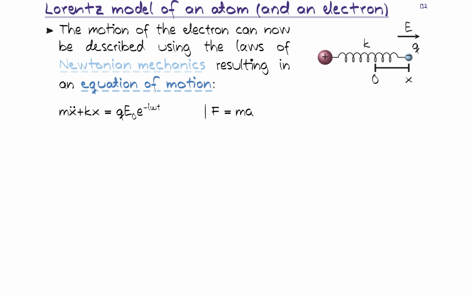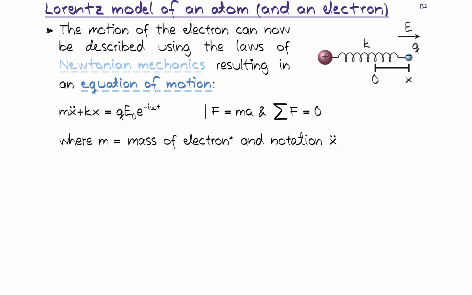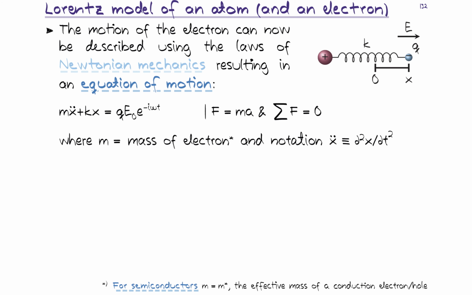We apply F equals ma, with the sum of forces being equal to the mass times acceleration, to write the equation of motion. Here, m is the mass of an electron, and the notation x with two dots above it just means the second time derivative of the displacement x. This is just the notation.